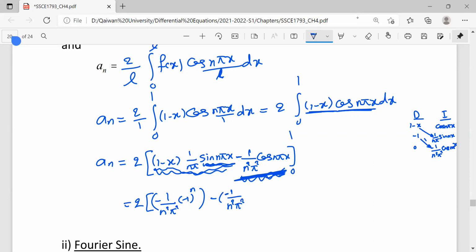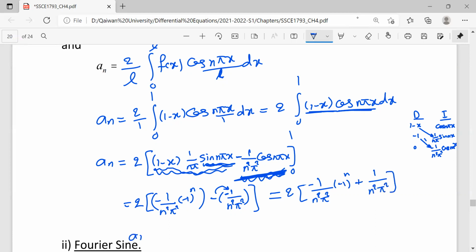And here you have this negative sign also. We can take 1 over n squared pi squared as the common factor. We get 2 times 1 over n squared pi squared times minus 1 to the power n plus 1 over n squared pi squared.